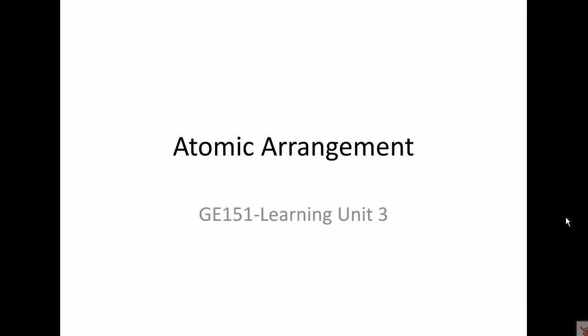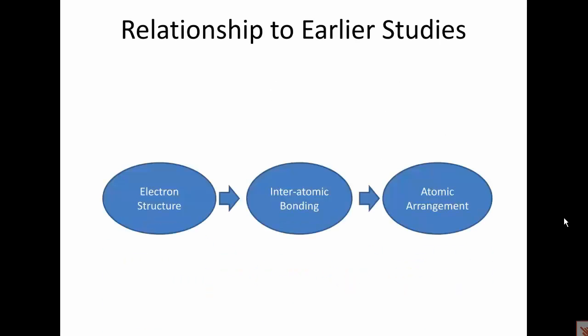In this video we're going to learn about atomic arrangement. Let's put this in context with our earlier studies. What we just learned in the previous learning module was that the electrons around the nuclei in atoms have a certain structure.